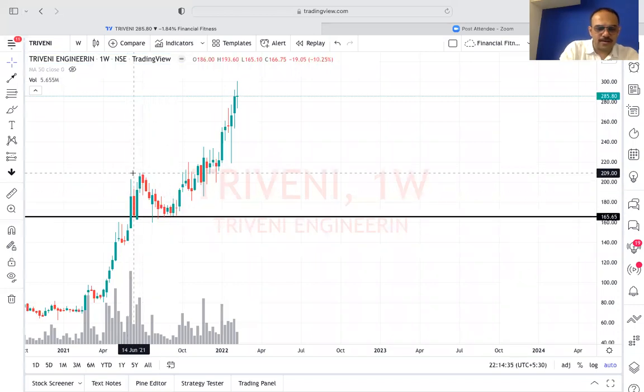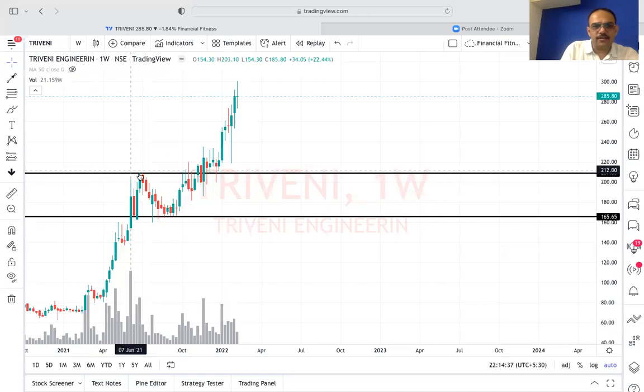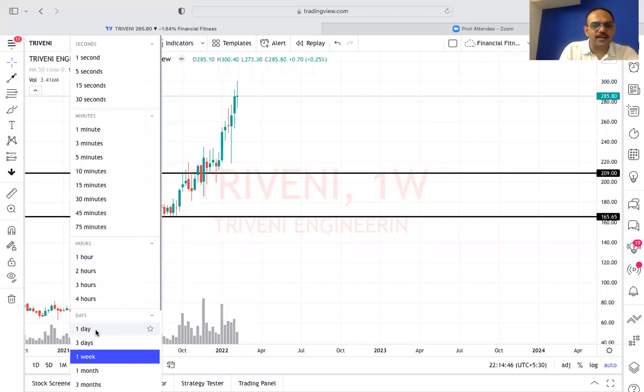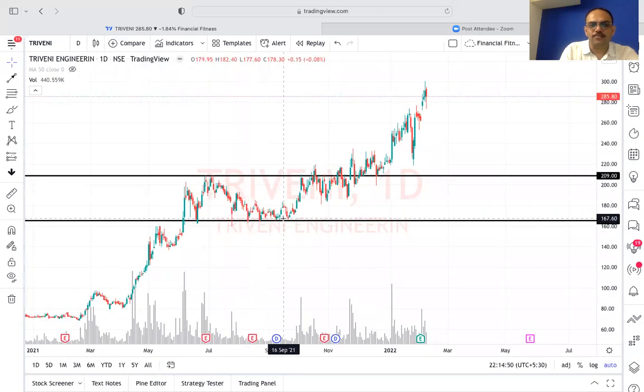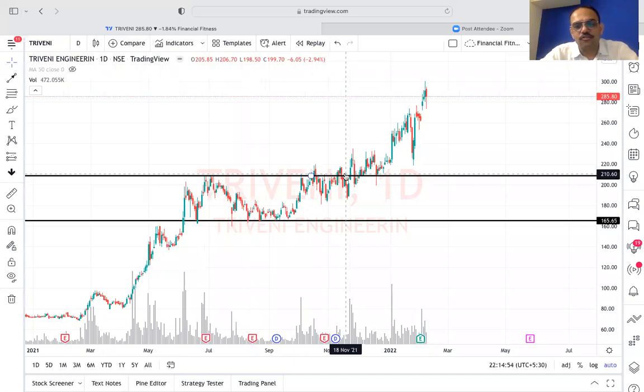Draw the lines there. See, here there is a nice support level, right? This is a peak, and this is the support level. Any doubt? No, sir. When you go to daily, you will find that you have nicely drawn the support, and there is a support level and a resistance level. Perfect. Understood, sir.